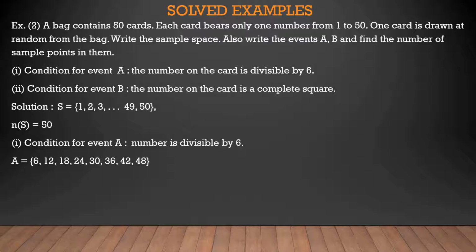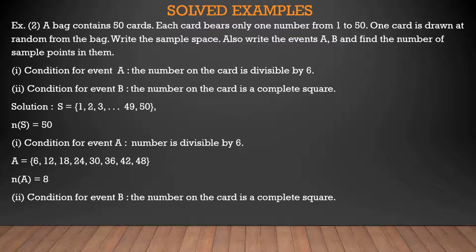So those numbers are A is equal to 6, 12, 18, 24, 30, 36, 42, 48. So N of A, that is number of sample points in event A, is equal to 8, as there are total 8 sample points.